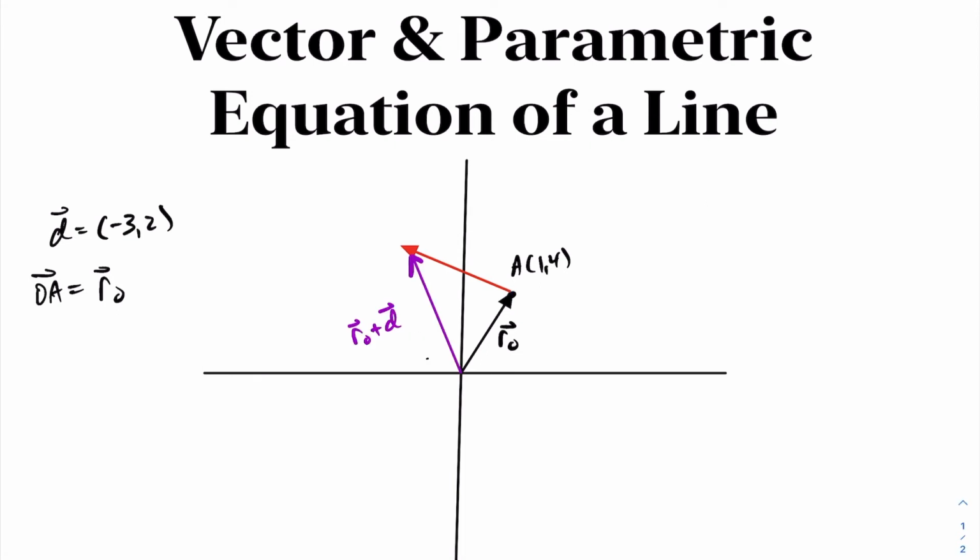Summing these two vectors, we have R0 plus D, and notice now we have a vector that goes from the origin to a point on this line. Now let's say that instead of adding D, we added 2D.